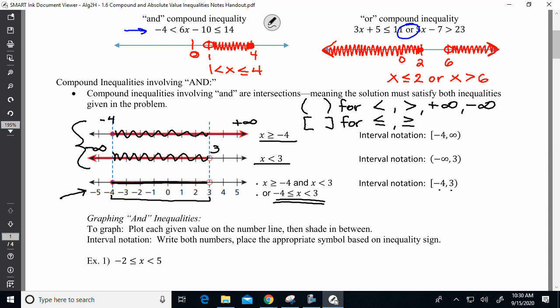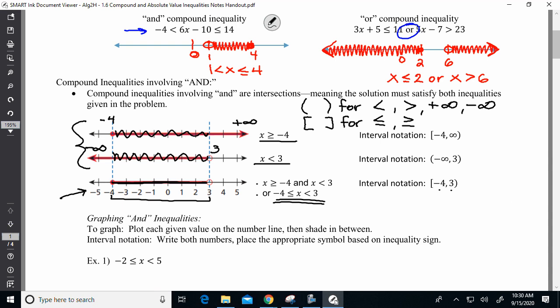So a lot of this is just showing how the graph is put together. Graphing it is actually not very difficult. You're not drawing three different graphs. We're putting it all on one graph. This is just to show you how it's put together.